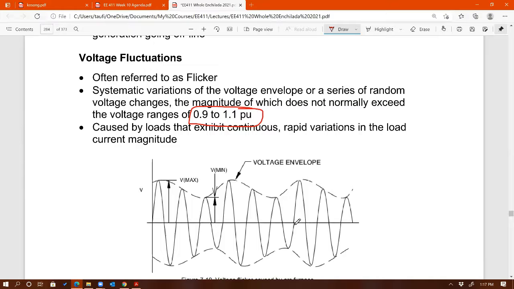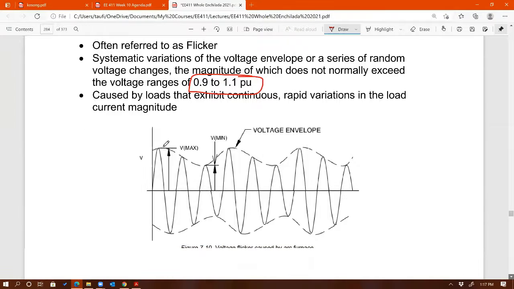But the thing is, it has this lower voltage fluctuation, lower than 60 hertz, to the point that our eyes can actually see the fluctuations. Slow enough for our eyes to see. I think I mentioned this.